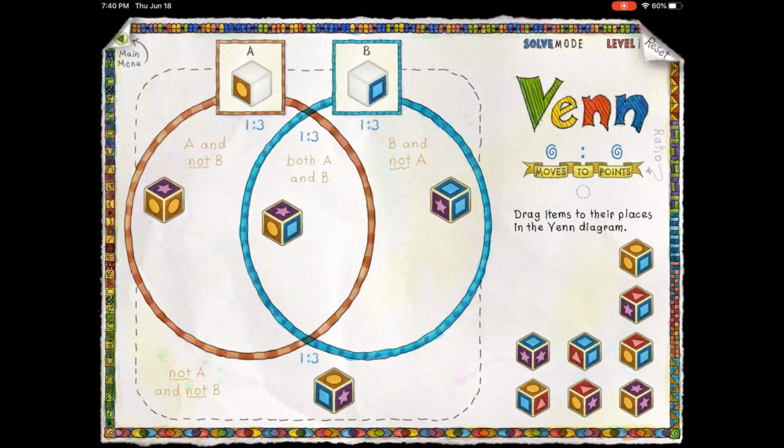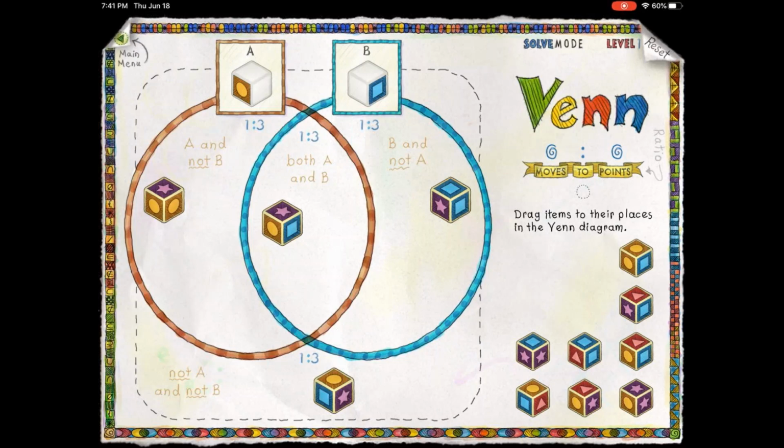So if you look at the squares that are in there, the one inside the Venn diagram has both the circle on the side and the square on the side, the orange circle and the blue square. So this one in A doesn't work because it doesn't have the blue square, and this one over here in B doesn't work because it doesn't have the orange circle. And the one on the bottom, notice, that one doesn't work because it doesn't have any properties that fit in either one of the circles or in the center part.